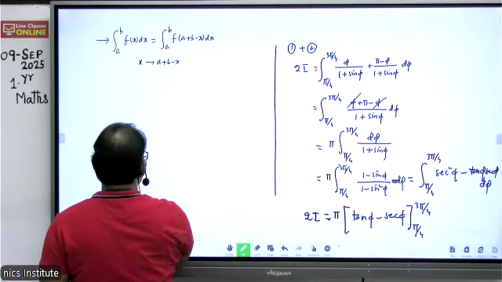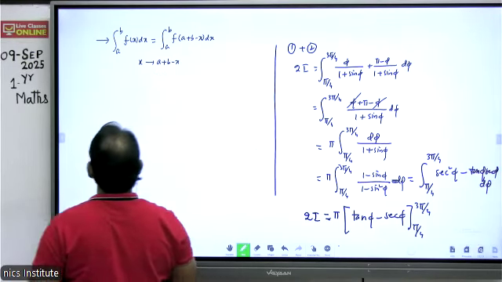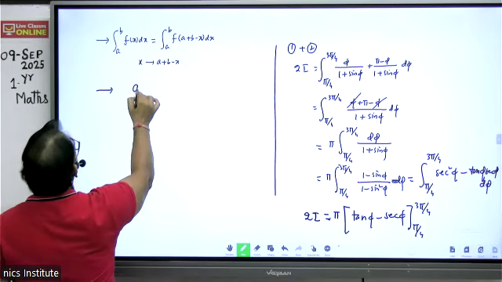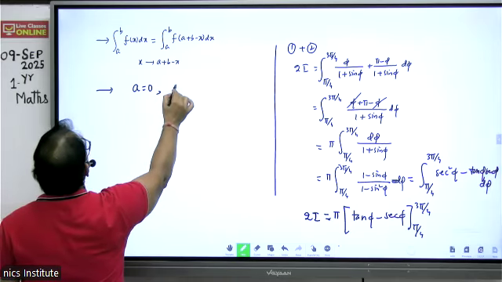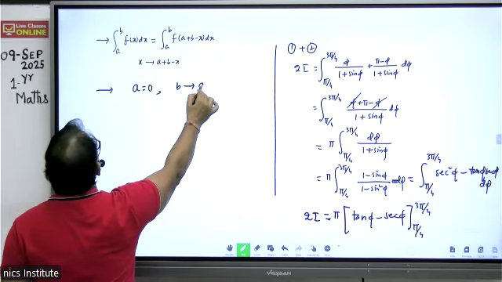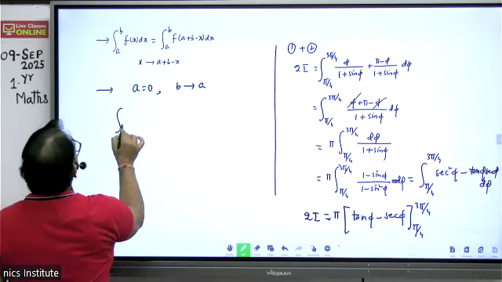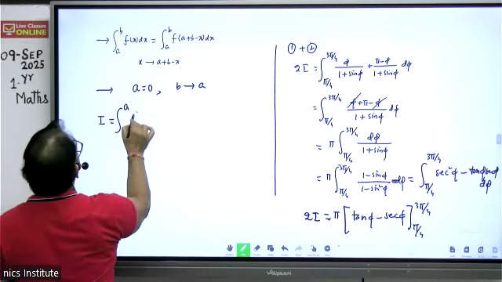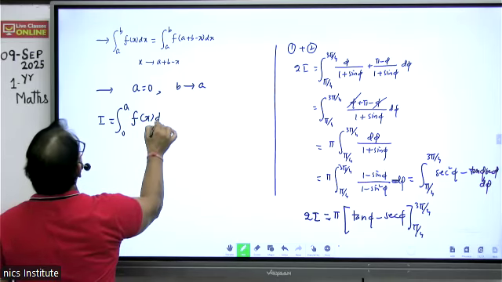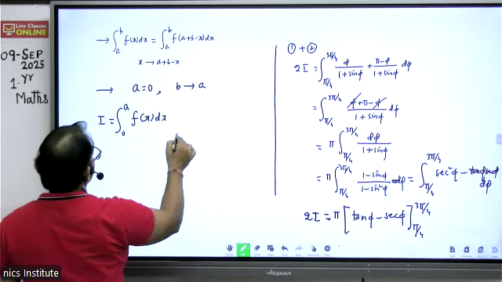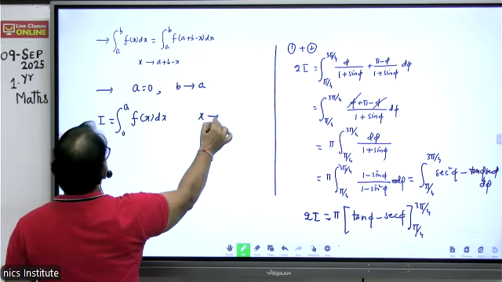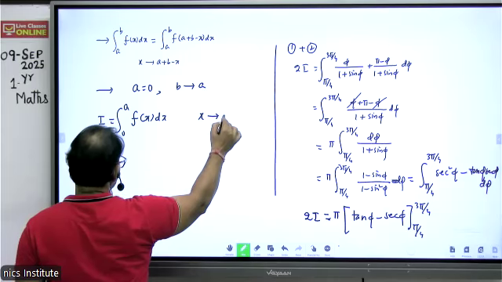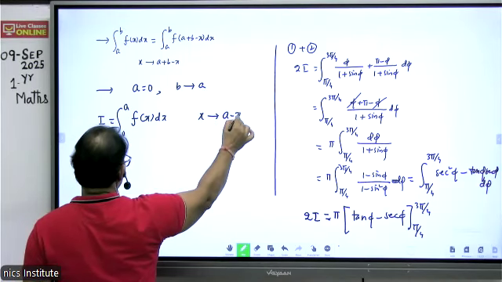Then you come across a property where the lower limit is 0 and we write the upper limit as A. This property is used 95% of times. If you come across the integral 0 to A f of x dx, wherever you have x, you replace it by A minus x.